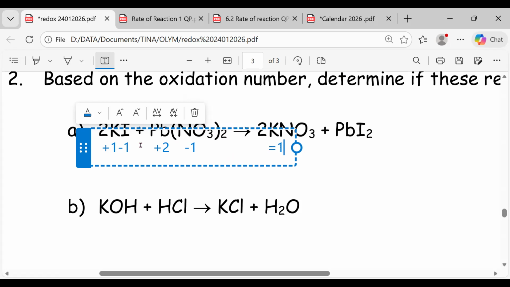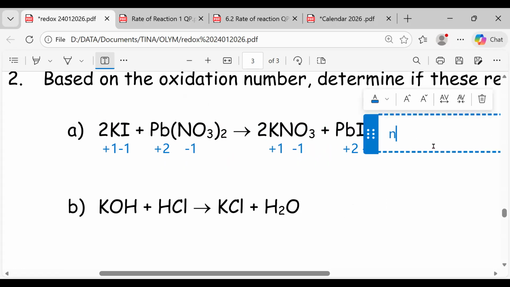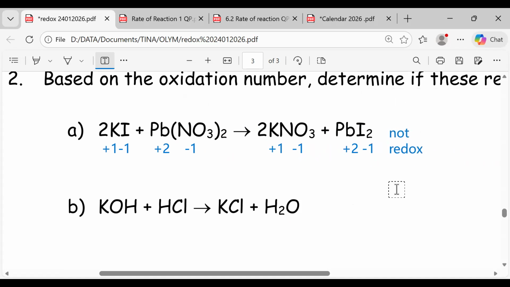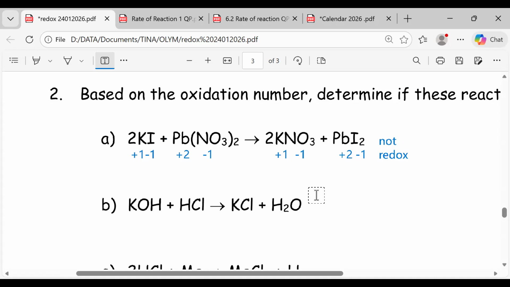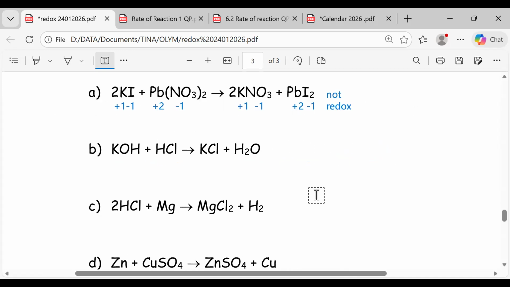This potassium is still an ion, so it's still positive 1. The whole nitrate is negative 1 because it's a NO3 negative 1 ion. Lead is still positive 2, lead 2 iodide, and iodide is negative 1. So nobody changed. In this whole thing, nobody changed, so it's not redox. Get it? Nobody changed at all. Understand?